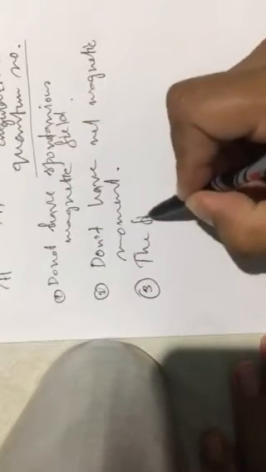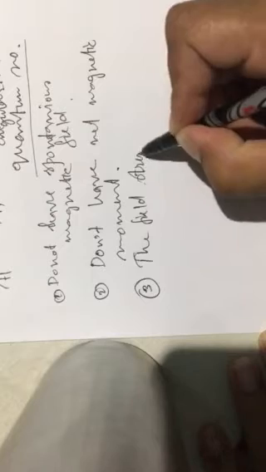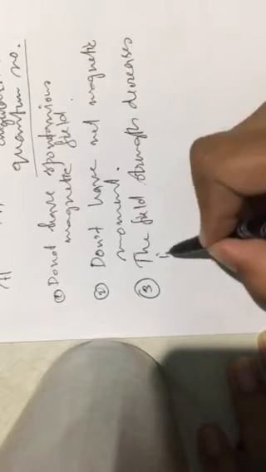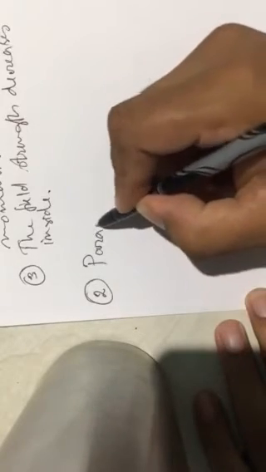So, the field strength decreases inside. Okay. So, this is diamagnetism. So, number 2 was paramagnetism.